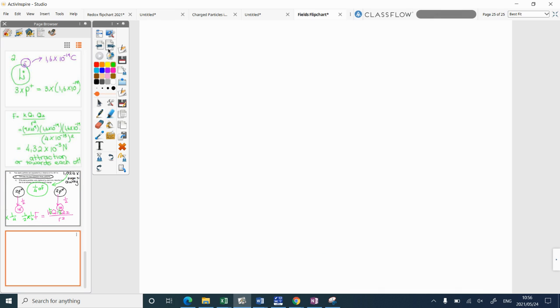Normally in an exam, we would give you a diagram. This one was a bit mean because they didn't. But they did tell you that the charges are in a straight line, Q1, Q2, and Q3, and they give you the distances. So draw a little diagram for yourselves.